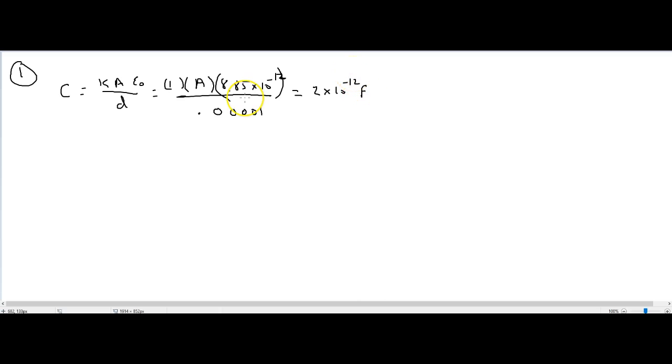All right, it's just math from there, correct? So that should be a piece of cake for us. We go 2 exponent negative 12 times 0.00001 divided by 8.85 exponent negative 12 divided by 1, which is a little bit silly, but we'll go ahead and divide by 1.